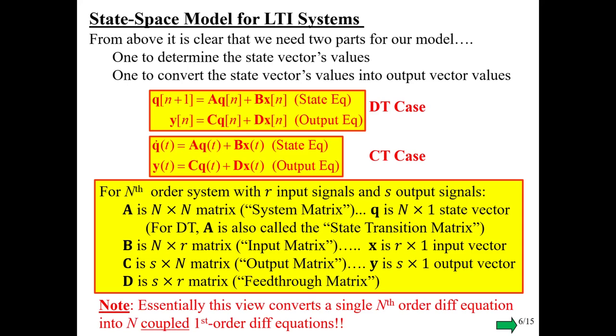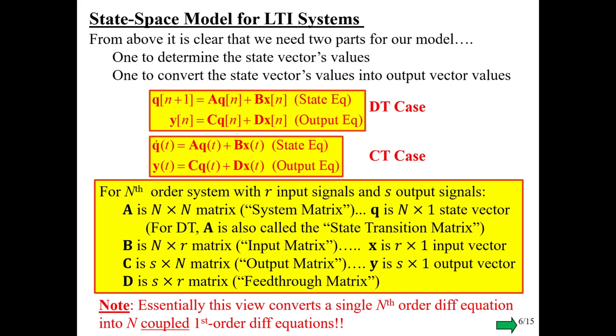So note what we've done. We've taken an nth order system, which would be described with an nth order diff equation, differential or difference, depending on which one you're talking about, into what looks like a first order system, but it's n different first order diff equations, and they're coupled because A can couple one part of the state vector into other parts of the state vector.